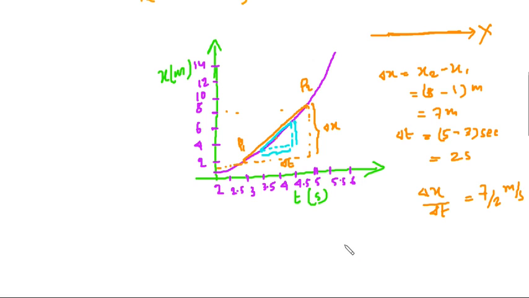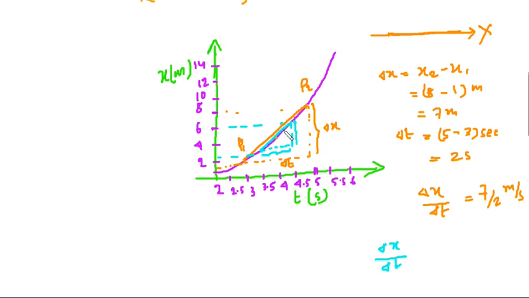So in that case we will find delta x by delta t. We have to just see how much delta x is and then how much delta t is. We do delta x by delta t and we get the average velocity.